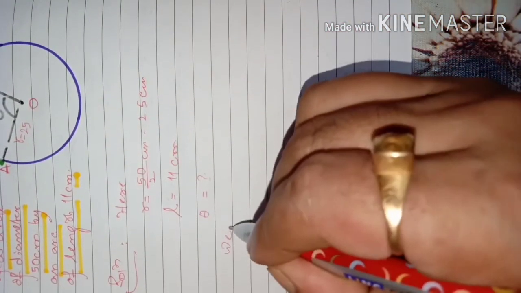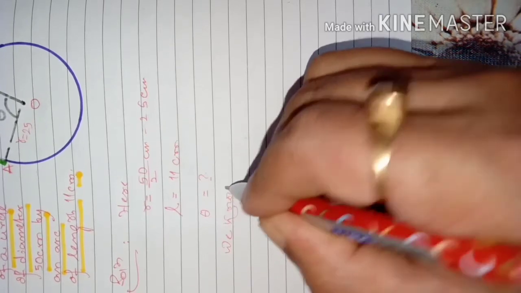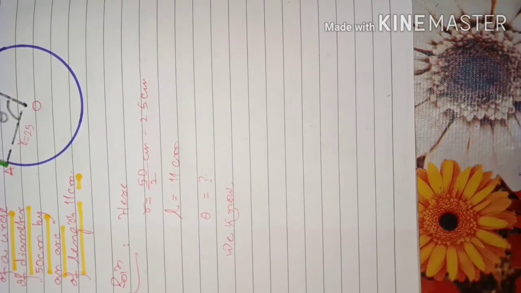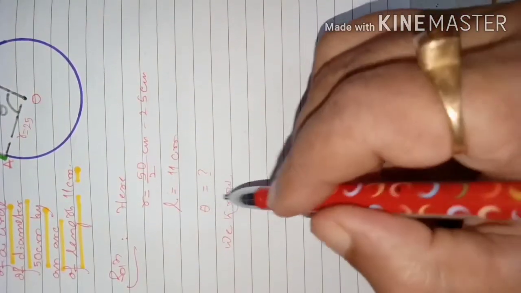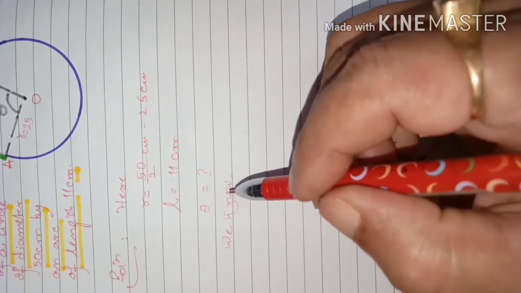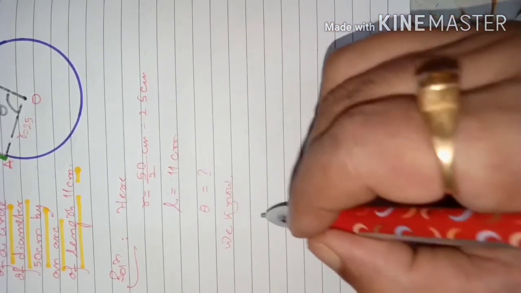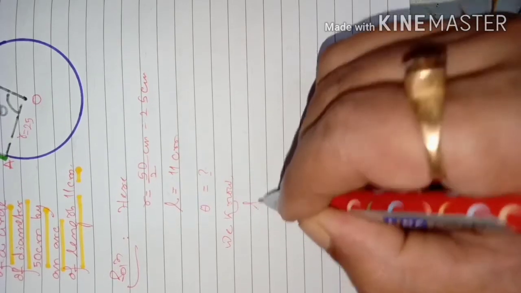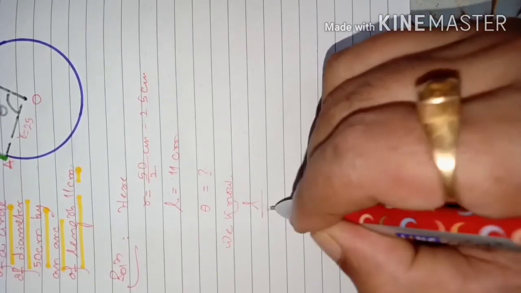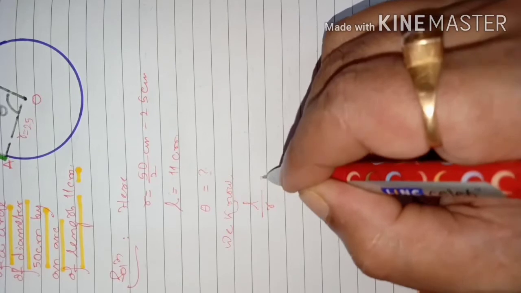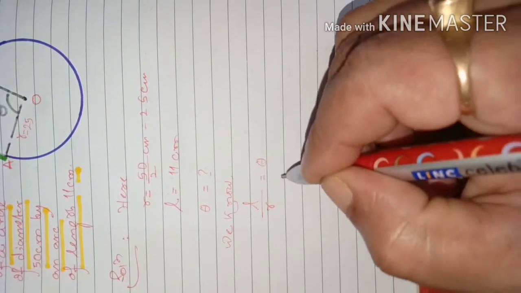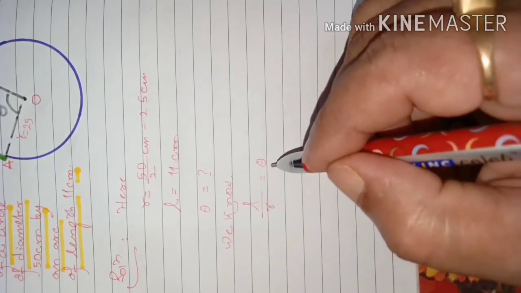But we know that the radian measure of an angle, the length of an arc of a circle and the radius are related: length of an arc by the radius of the circle is equal to the radian measure of the angle subtended by the arc at the center of the circle.